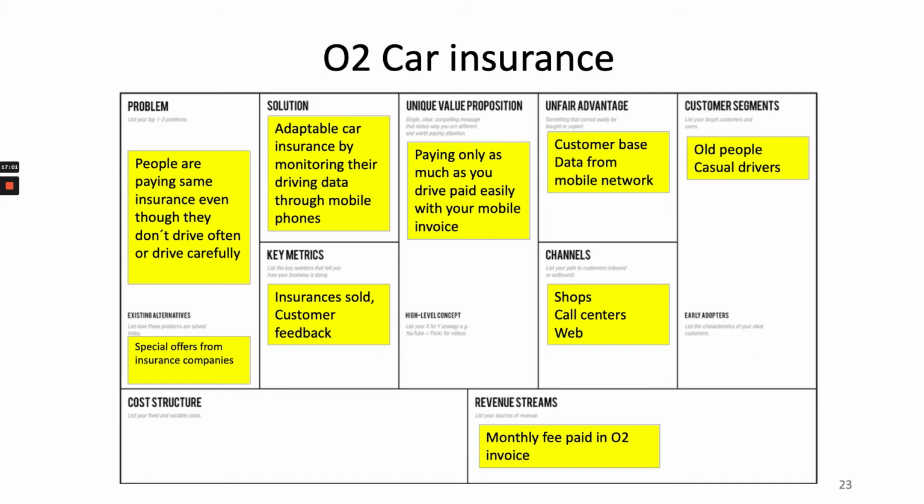And we didn't do the cost structure yet, so you don't have to fill in all of the parts of the Lean Canvas. And our unfair advantage was that we had a huge customer base, and we still have a huge customer base, and we have data from the mobile network which insurance companies actually don't have.